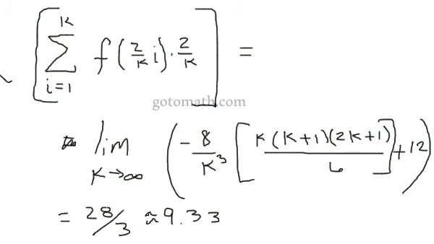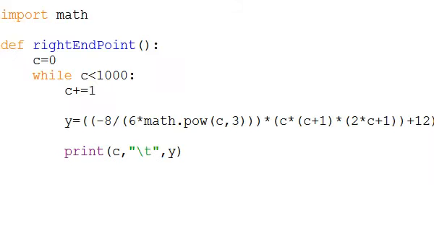Now what I've done here is I wrote a short program in Python, and we're going to shoot out some values when k is 1, 2, 3, 4, and up to 5. No, actually we're going to go to a big number. We're going to try to approach this 9.33. This is written in Python.